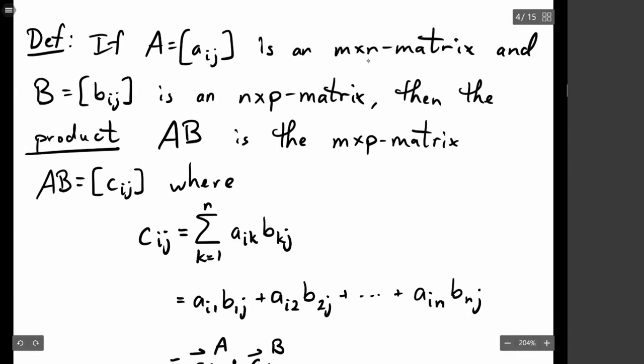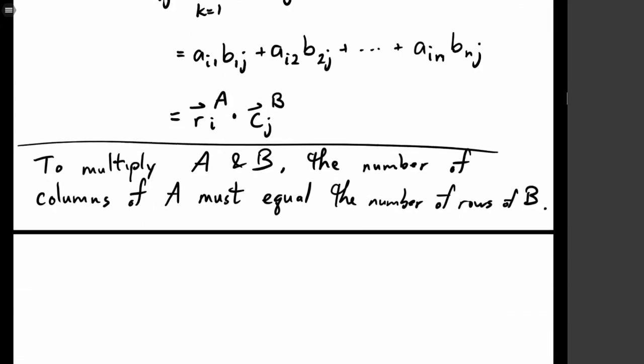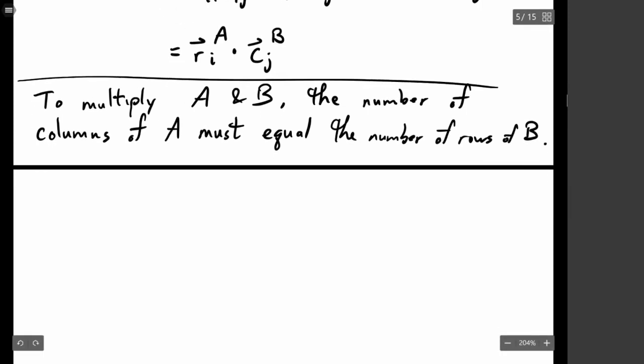If you look in the definition, A is m by n, B is n by p. These two numbers must match. If they don't match, there's no way we can get this to work out. One of the two is going to have more than the other, and then it doesn't make sense to do a dot product anymore. Remember, the dot product has to be between two vectors of the same size. So that's very important to look at here. If these numbers don't match up, then we can't compute the product.